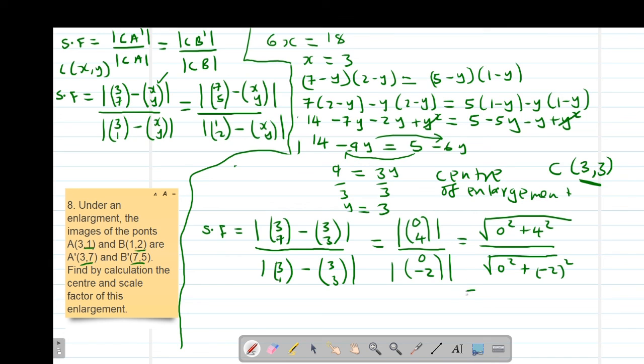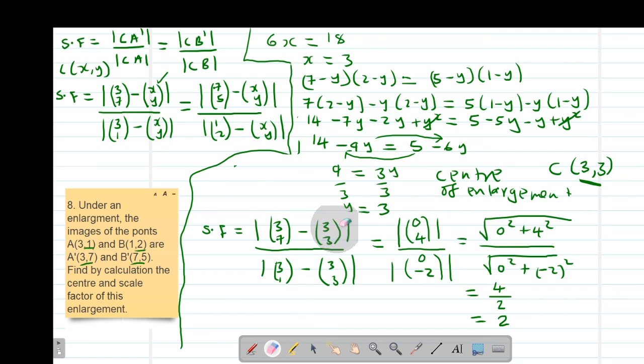Of course, 4 squared is 16, square root will be 4, then divided by 2 squared, which is 4, square root of 4 is actually 2. So it means our scale factor will actually be 4 divided by 2, which is actually 2.